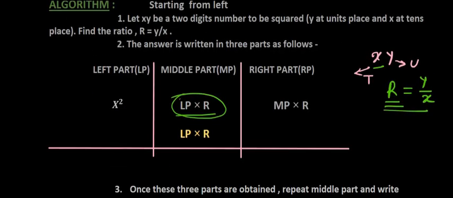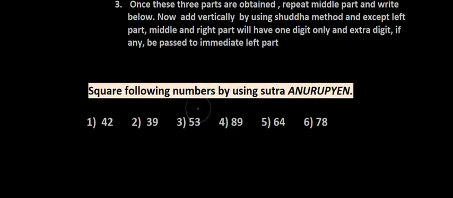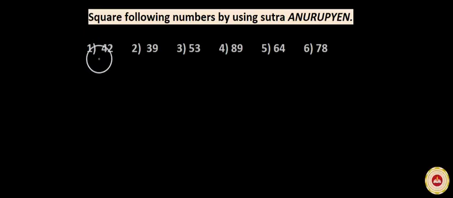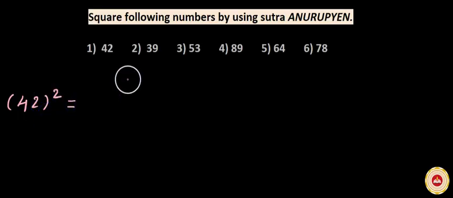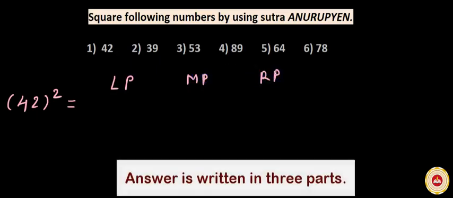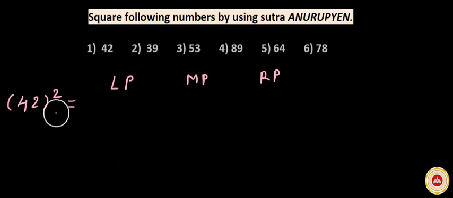Friends, this technique is best understood while practicing. So let us practice these examples. First example, 42 squared equals. Now let us obtain our answer in three parts: left part, middle part, and right part. But before that, let us find the ratio of these two digits.